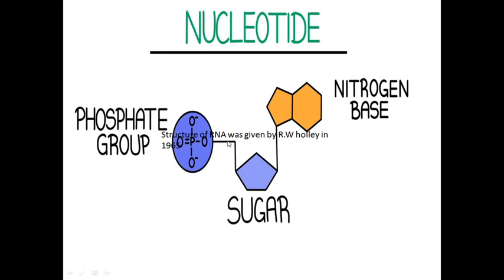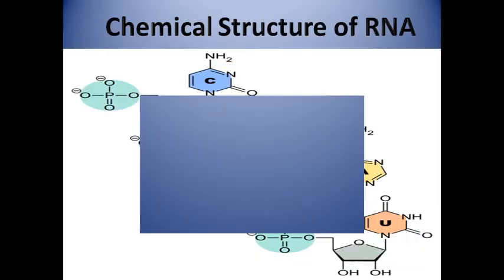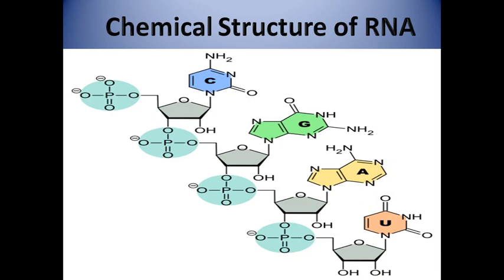And the structure of RNA was given by R.W. Holley in 1965. Now the chemical structure of RNA. See, this is one unit: one base, one sugar, and one phosphate. It joins hands with another base, another sugar, and another phosphate. This is one ribonucleotide, and this is another ribonucleotide.